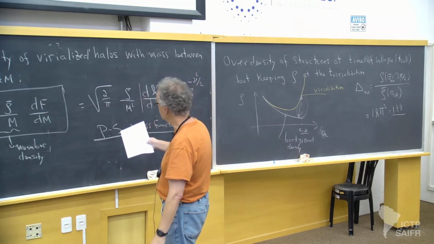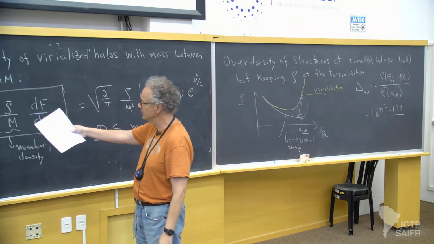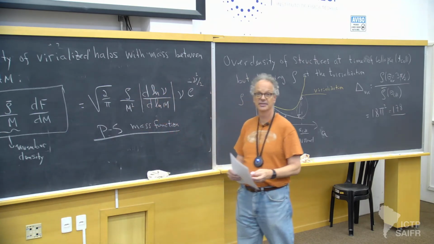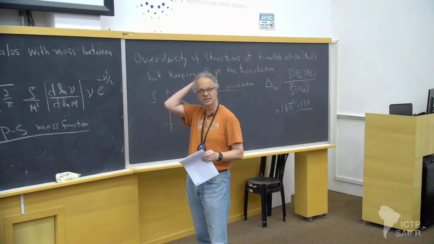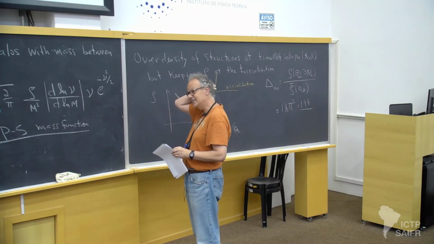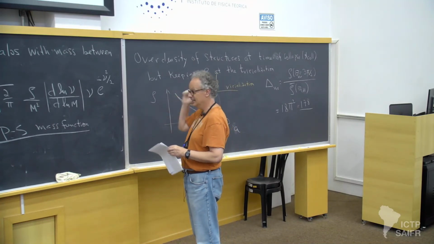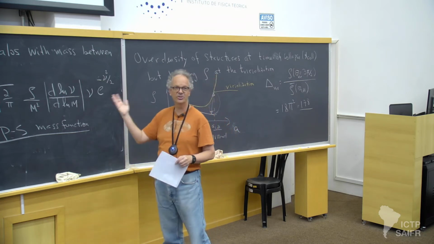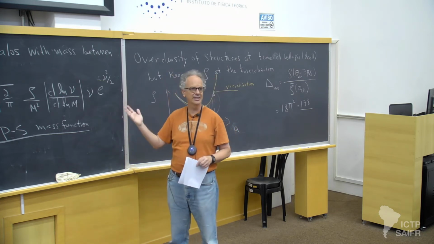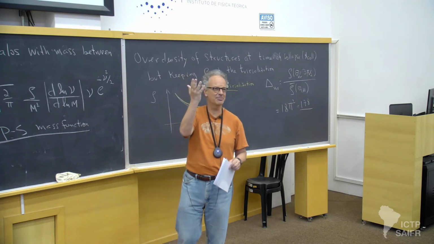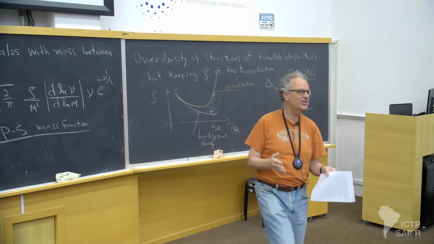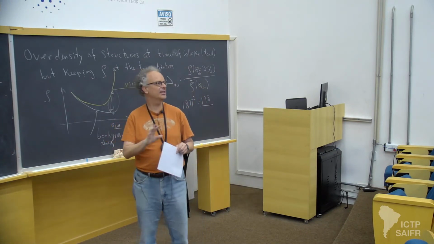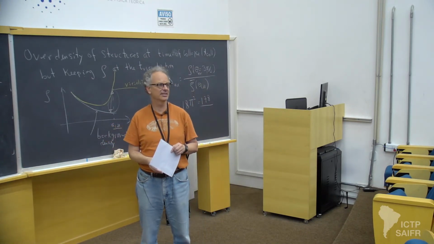So again, this gives you the number density of halos in a given mass range. This is the distribution of halo density as a function of mass. Now the amazing thing about this is that it is not too far from what you measure in simulations, as a first approximation. Antonio maybe has a different view, some people say it's too far.